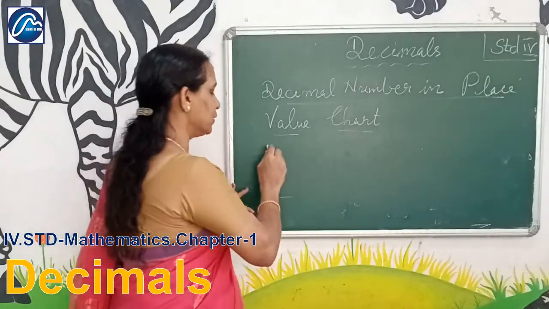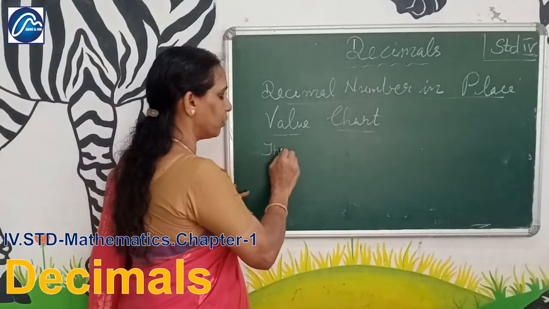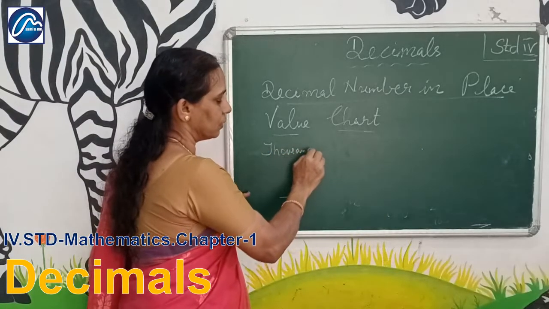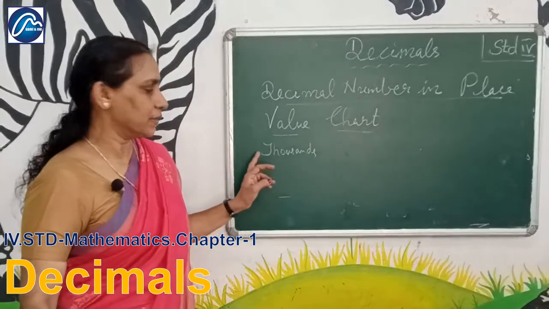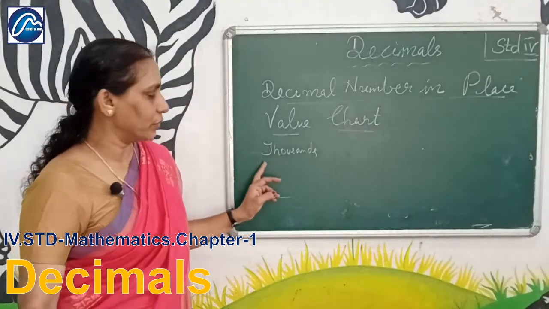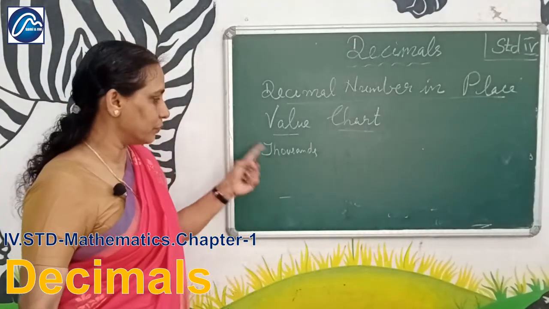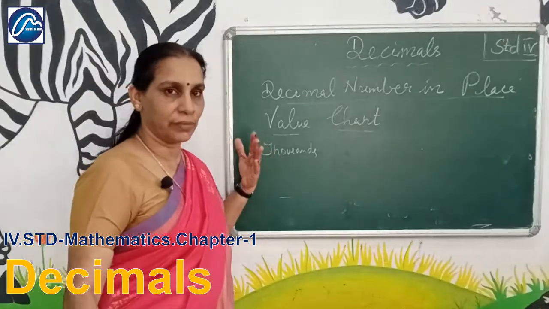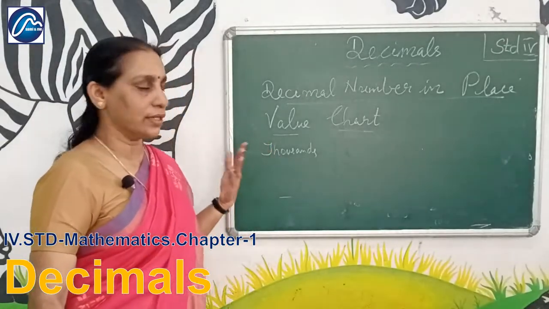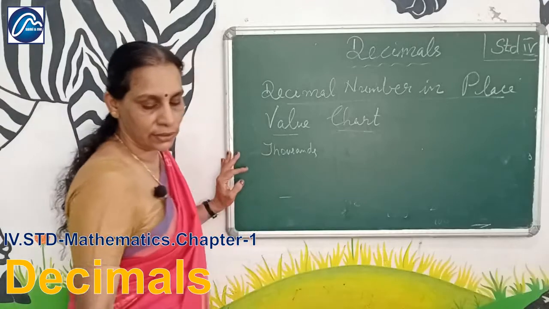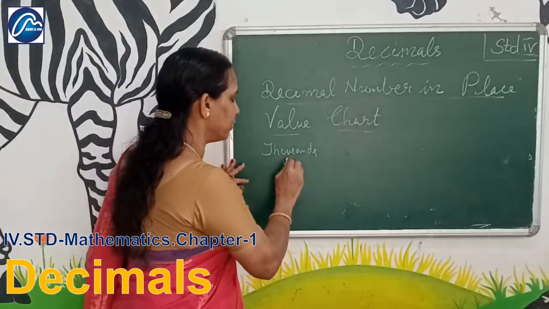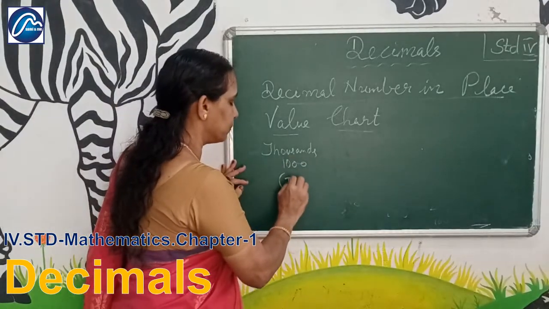First we start with the normal number places: 10,000, lakh, 10 lakh, etc. Thousands, written as Th.